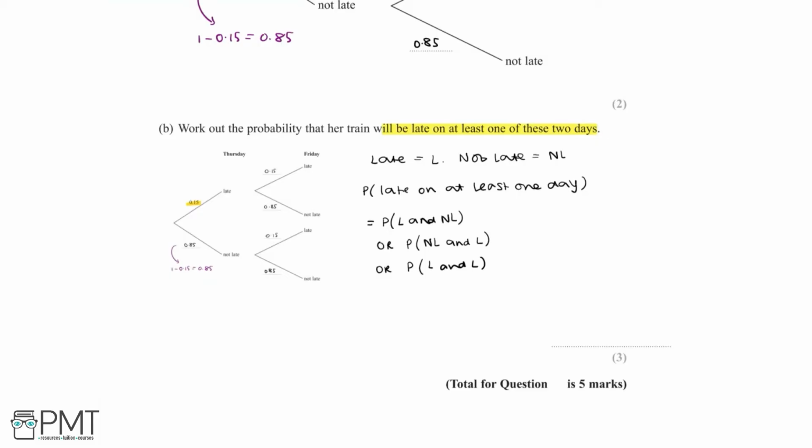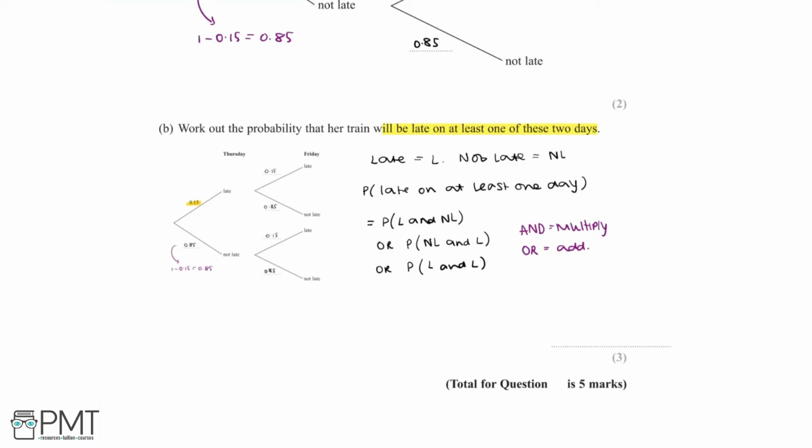The probability that the train is late and not late on the next day is 0.15 multiplied by 0.85. Now the probability that the train is not late on Thursday and late on Friday is 0.85 multiplied by 0.15, and then the probability that the train is late on Thursday and late again on Friday is 0.15 multiplied by 0.15.